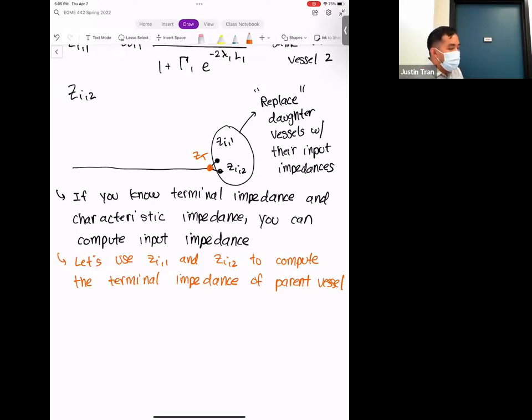In this case, we only have two downstream vessels, daughter vessel 1 and daughter vessel 2. With that in mind, the terminal impedance of the parent vessel is a combination of the two input impedances of the daughters.